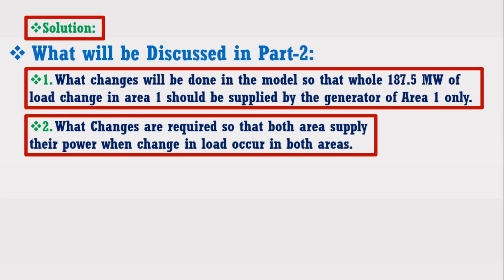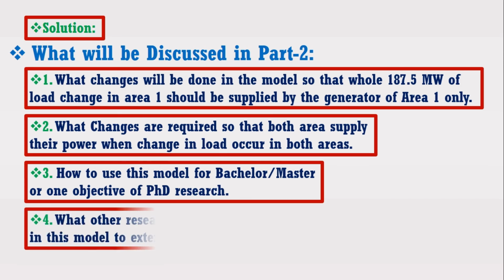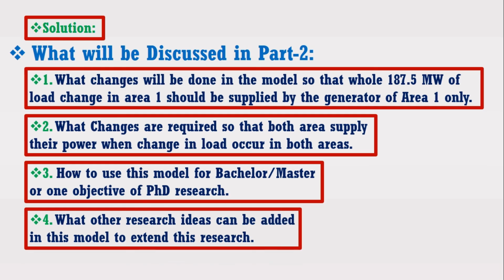Number 2. What changes are required so that both areas supply their power when change in the load occurs in both areas. Number 3. How to use this model for bachelor, master or one objective of PhD research. Number 4. What other research ideas can be added in this model to extend this research.